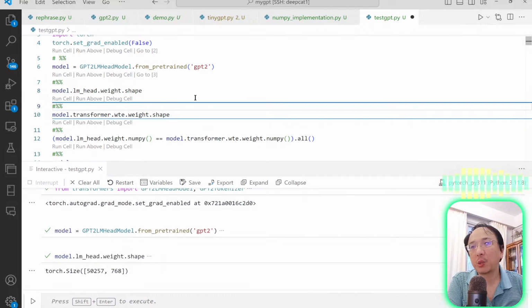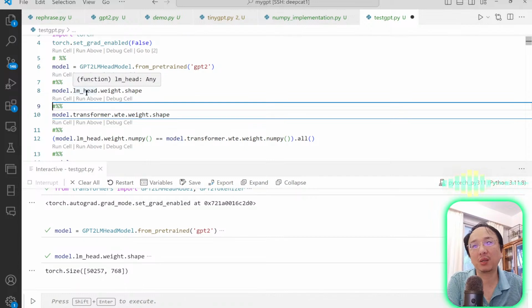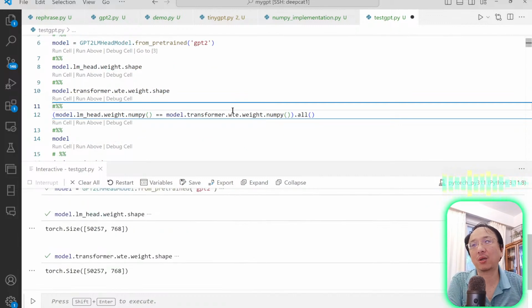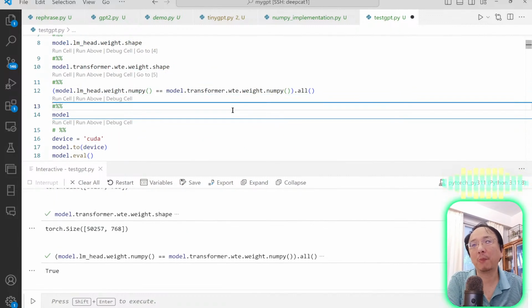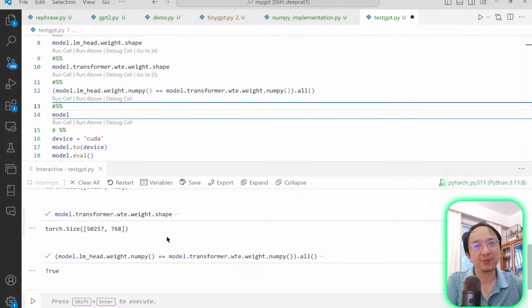After we load the model, you can see some basic information like the model's LM head. This is one of the weight layers in the GPT-2 model. You can actually explore and see what the model looks like.